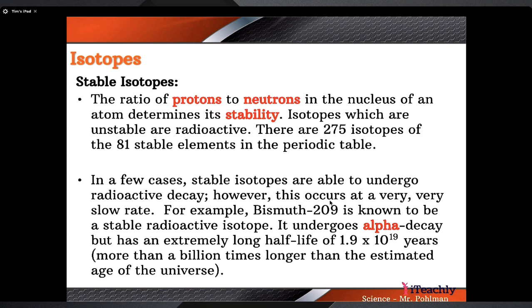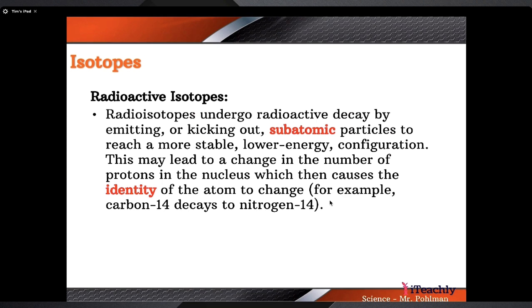In the example I give you here, we have bismuth 209. It's a radioactive isotope, and it does undergo alpha decay. It gives off those alpha particles. If you remember us talking about Ernest Rutherford, we're talking about those helium nuclei being shot out of that material because it's unstable. The boxes are falling off of you when they're stacked up.